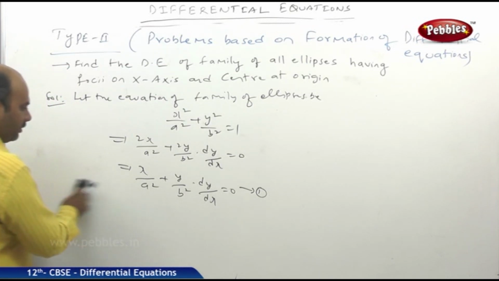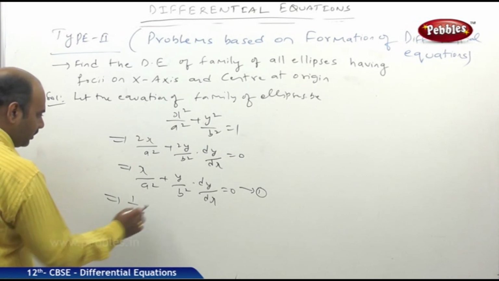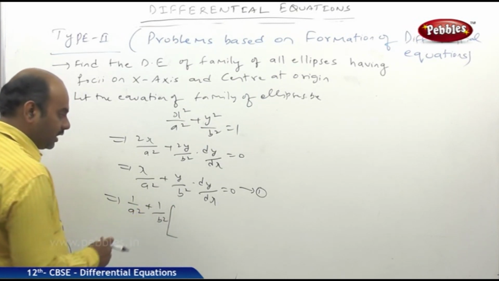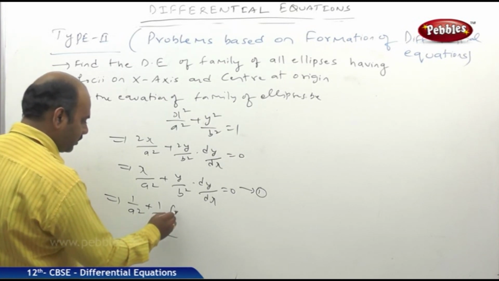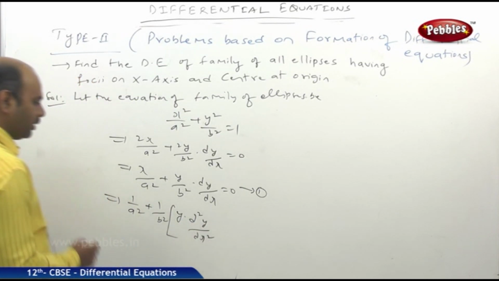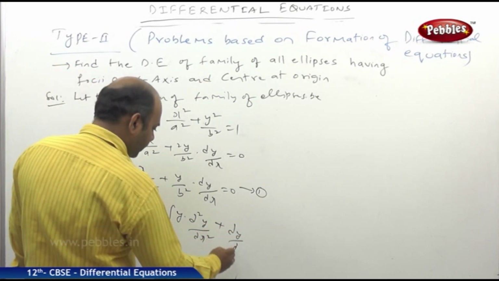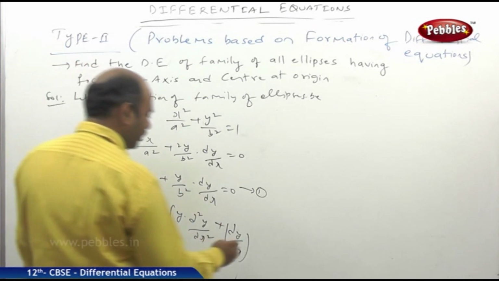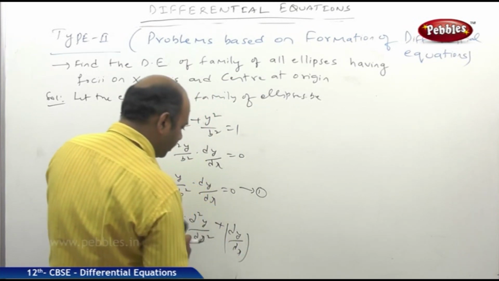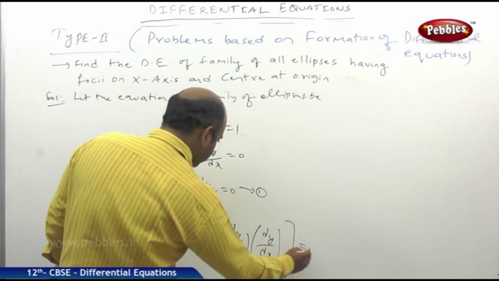Later, differentiating with respect to x on both sides. So 1 by a square. Here 1 by b square will be constant, and I will be differentiating with respect to x. So y into d square y by dx square plus dy by dx into the derivative of y, which is again dy by dx, is equal to 0.